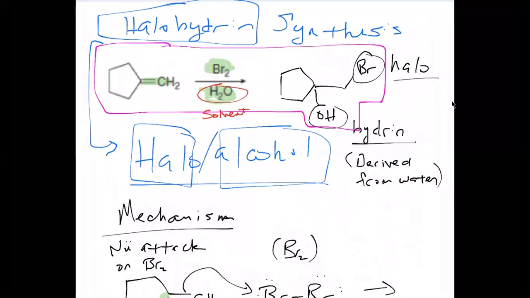If not, at least put the characteristics: that it is always trans, and that the water is going to attack the more substituted carbon. That's the other part of that. And then, what else did I say? The regiochemistry is the more substituted carbon, the stereochemistry is trans, and the water is going to attack that more substituted site, not displace the other bromine that you lost, because the concentration of water is so much higher.